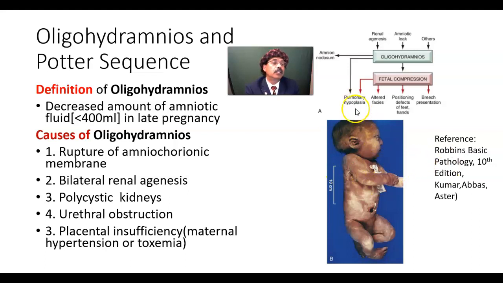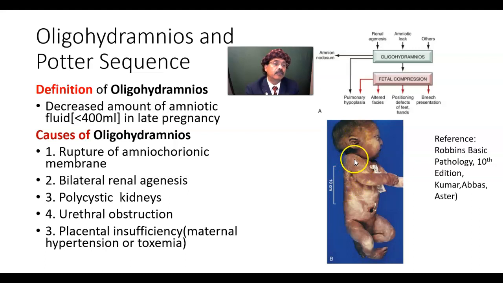Without that, there will be pulmonary hypoplasia. Also from outside, there will be compression because the cushion is lost. The face will be altered with a broad nose. We may get epicanthal folds. Hypertelorism, the eyeballs are separated out, the distance between the two eyeballs is more. And the ears are low set.